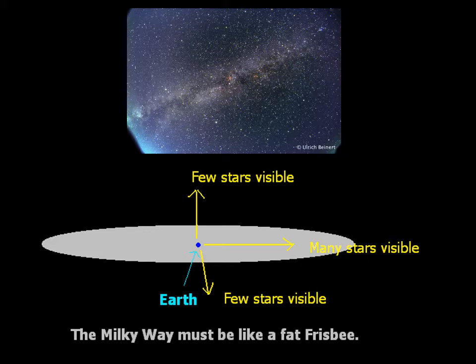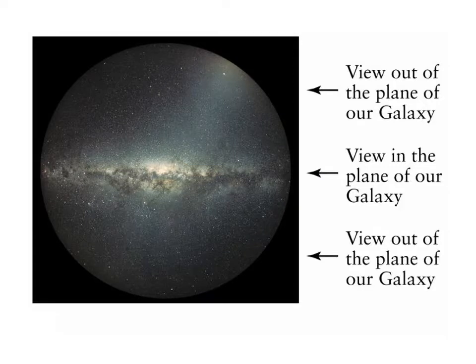So this led astronomers some time back to imagine that it's like a big disk or a big pancake, with the sun very close to the middle of it, because we saw roughly the same number of things in all different directions.